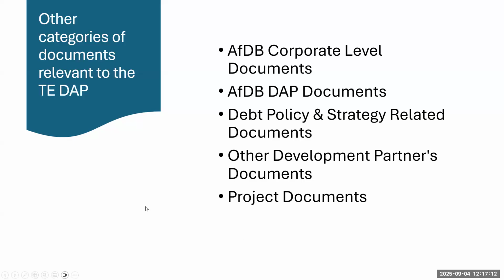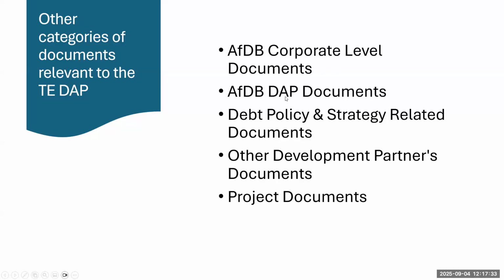So now these are the project documents, the other category of document that you can find. I shared with some of you yesterday the access to the documents. Those documents are grouped into 5 categories. You will have AFDB corporate level documents.